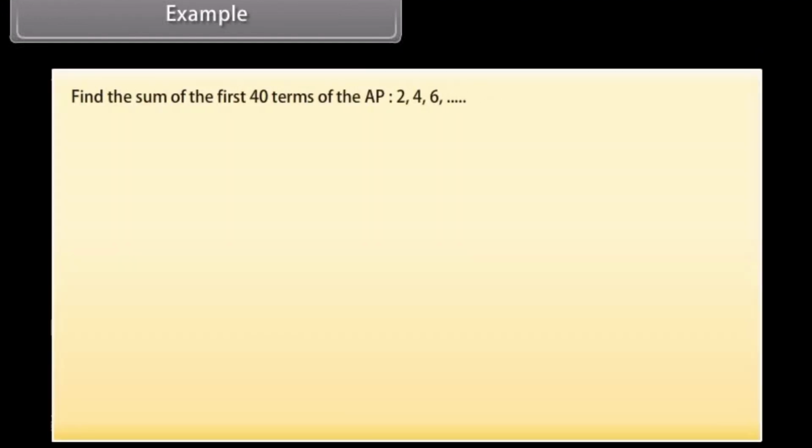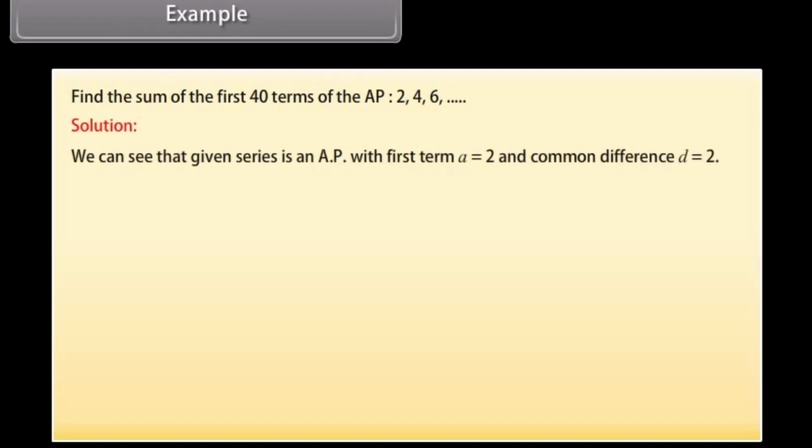Example. Find the sum of the first 40 terms of the AP, 2, 4, 6, and so on. We can see that the given series is an AP with first term A equal to 2 and common difference D as 2. We have to find the sum of the first 40 terms, so n is equal to 40.